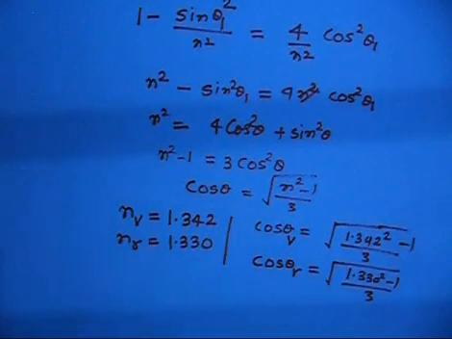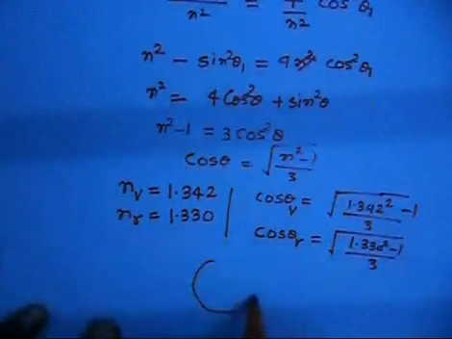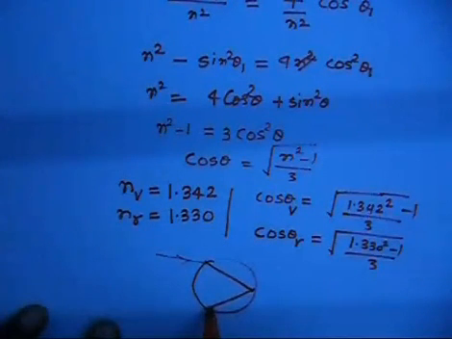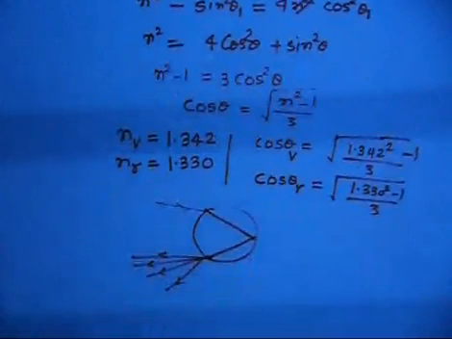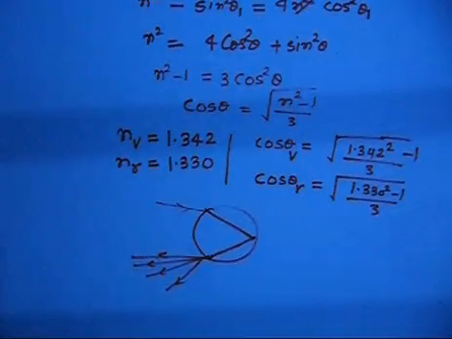So this means a ray that is going white here, after refraction and reflection and then refraction, you will have different rays because you are having different thetas. So this is the basic principle behind the rainbow.